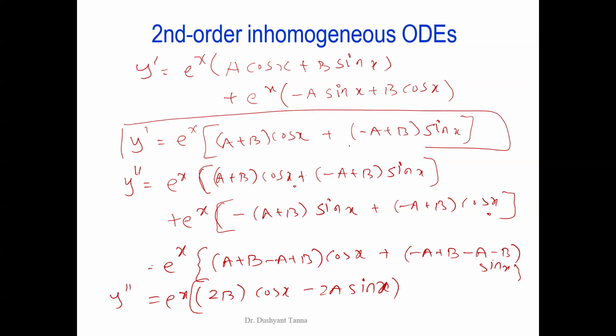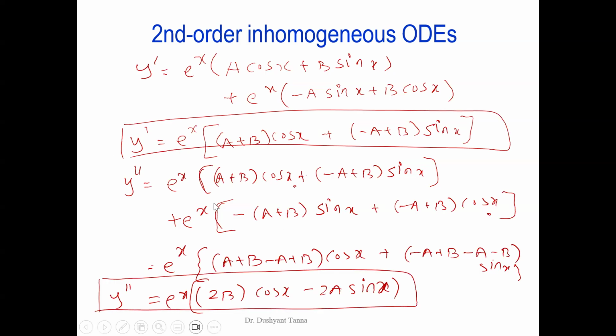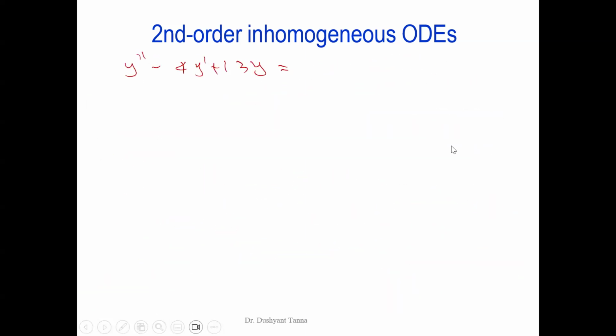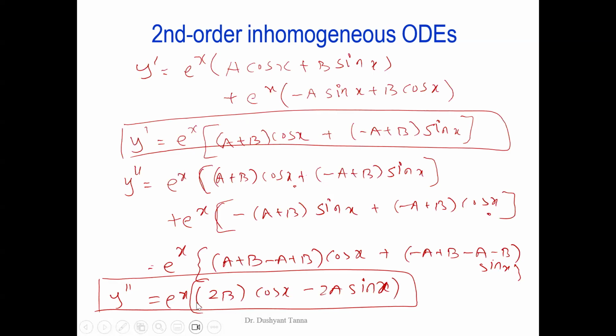Please be careful when you deal by substituting everything in the original equation. So let's write down the original equation, which was y'' - 4y' + 13y = 40e^x sin x. Now y'', which we just obtained, we can leave 2 outside as well, or leave it inside.